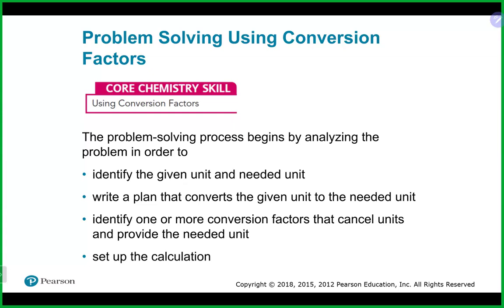As I mentioned before, there are multiple pathways depending on the conversions you choose. As long as you choose legitimate conversions, not ones you made up, it should give you the same answer at the end. You want to get your conversion factors and set it up so that we see the units canceling.